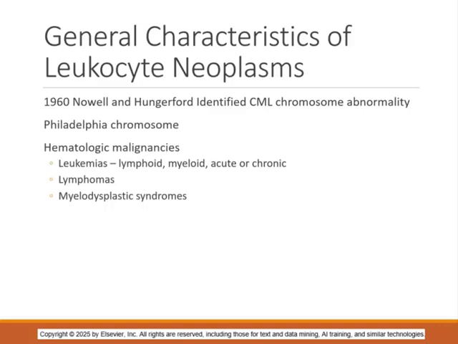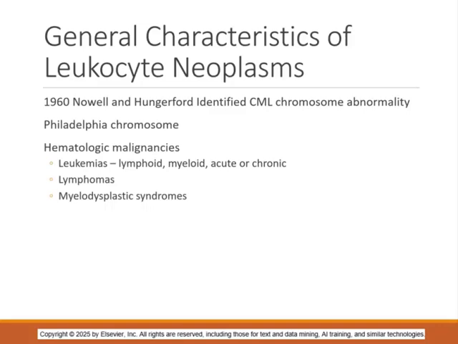The first one identified, in 1960, was for CML, chronic myelocytic leukemia. It was called the Philadelphia chromosome. That changed a lot in how we identify and treat leukemias.